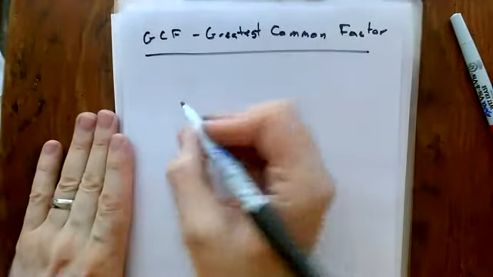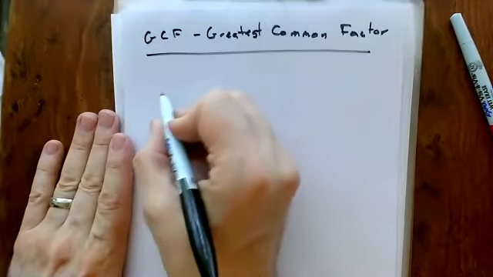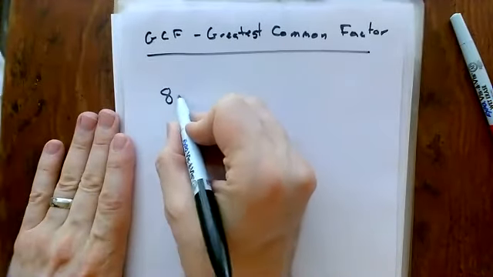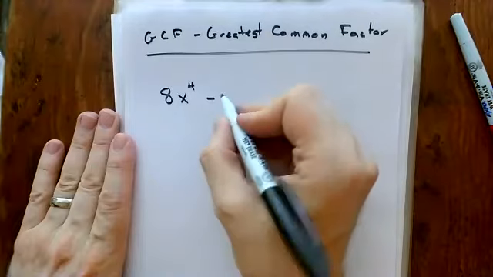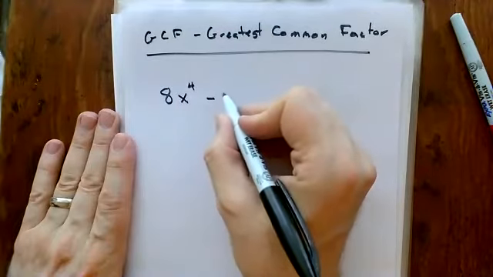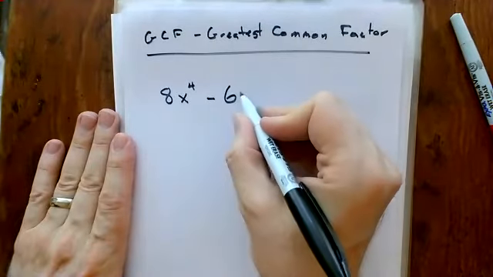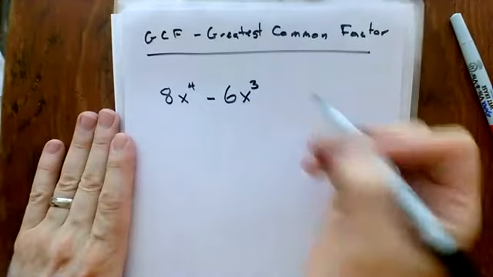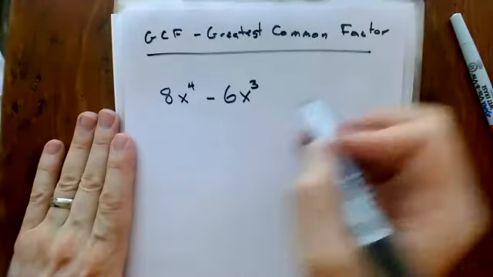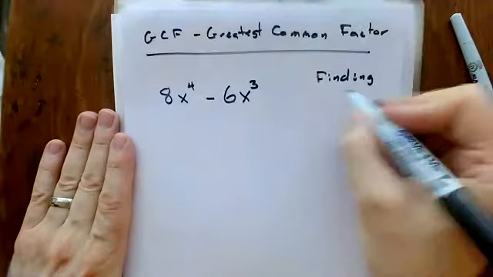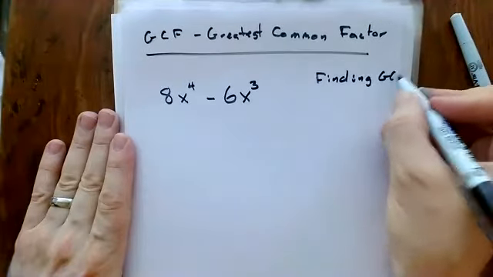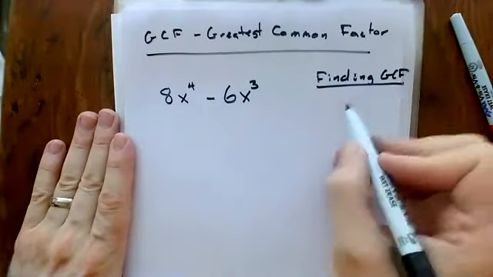So let's start with something fairly straightforward. I'm going to start with 8x to the fourth minus 6x to the third. Now, when I'm finding the greatest common factor, I am doing a couple things.